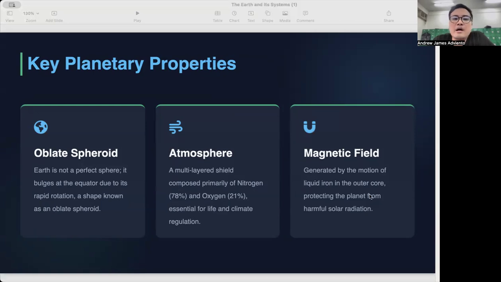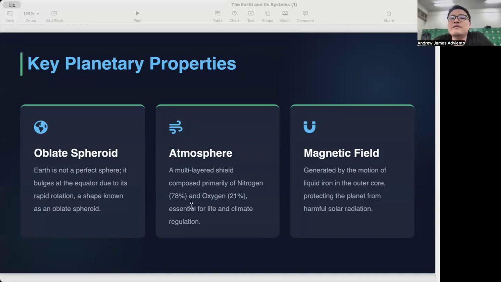There are three hidden features of Earth you should know: the oblate spheroid, the atmosphere, and its magnetic field. First, Earth is not a perfect basketball shape because it spins so fast it bulges at the middle. We call this the oblate spheroid.